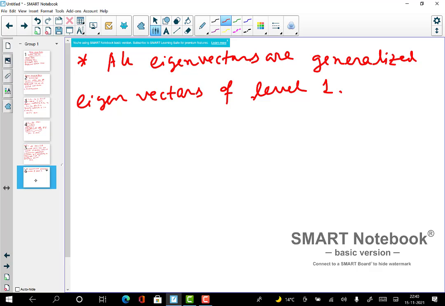Okay, so whenever you have generalized eigenvectors, you can define something called a generalized eigenspace.